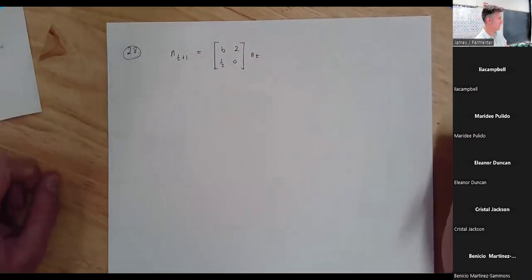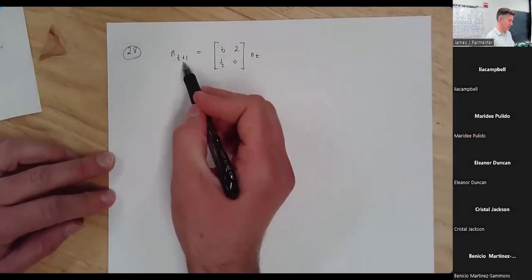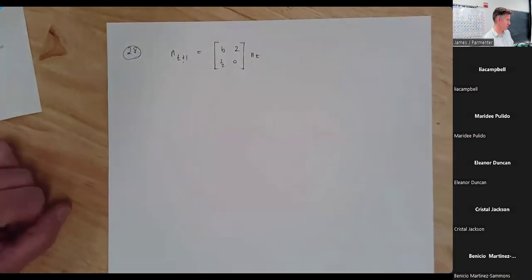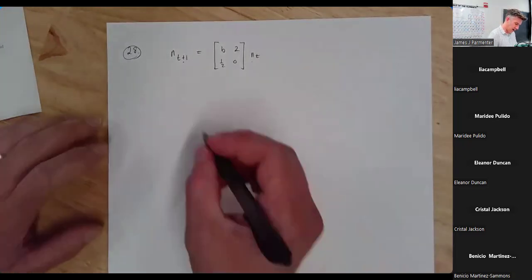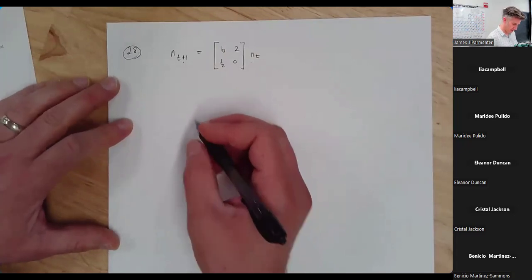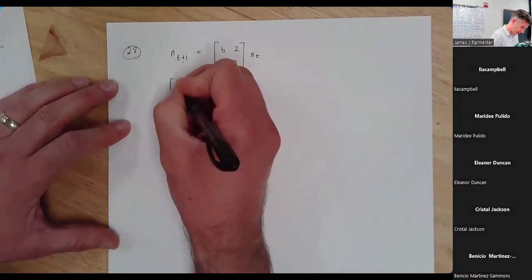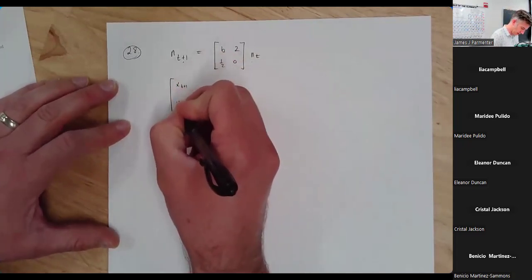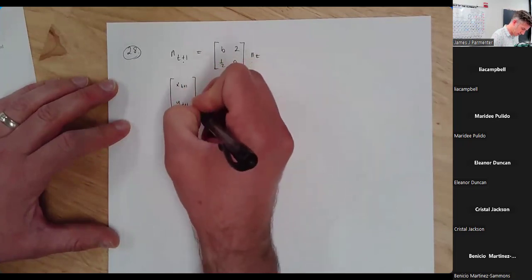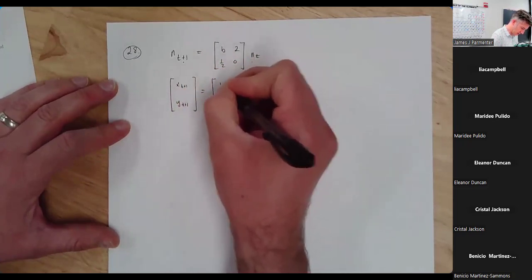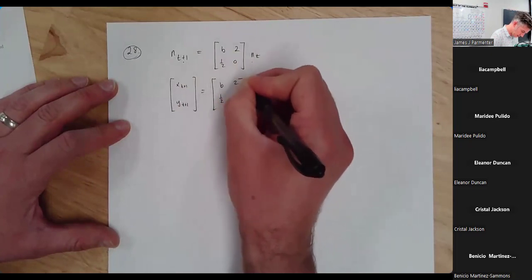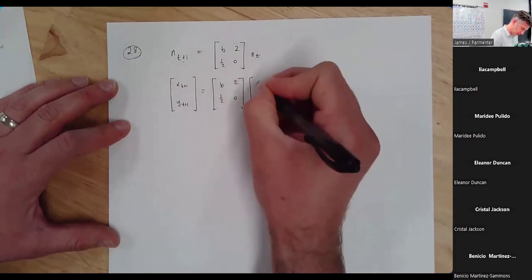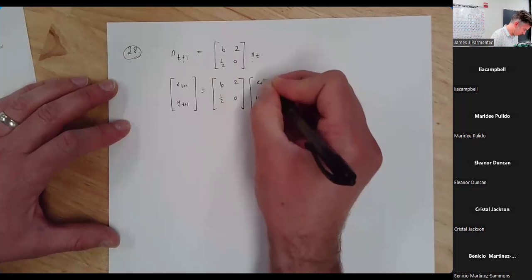So the idea is that the next year's iteration is this matrix times the previous year's iteration. And I think it might be easier to write this as x sub t plus 1, y sub t plus 1 is equal to this matrix times x sub t, y sub t.